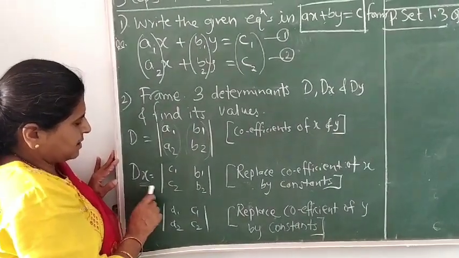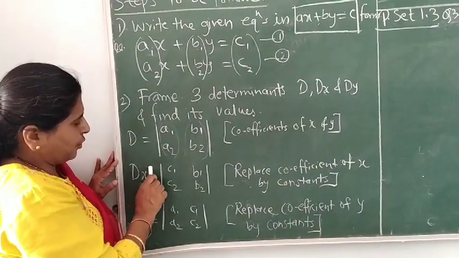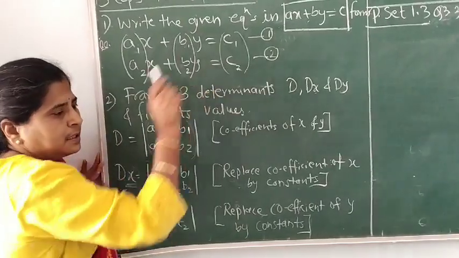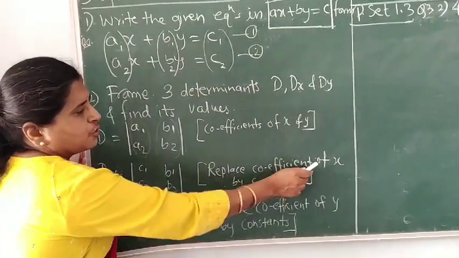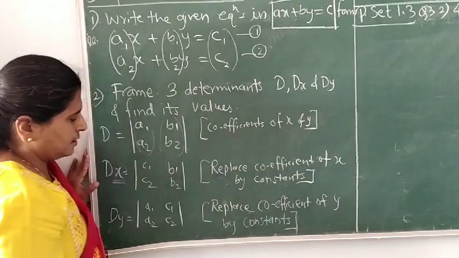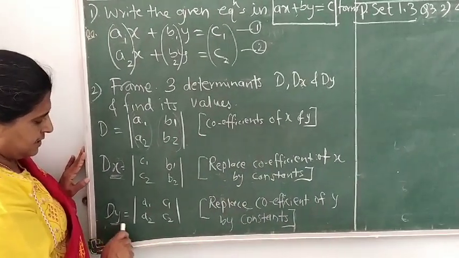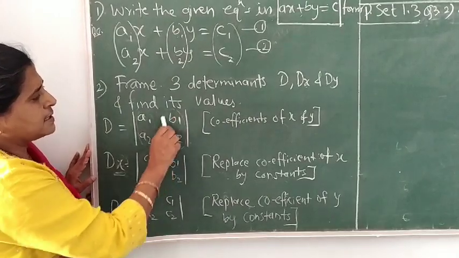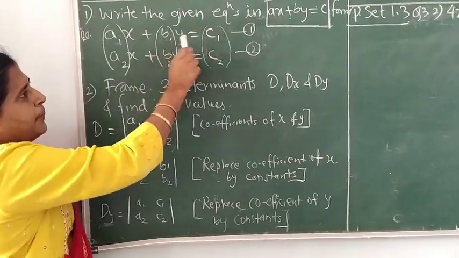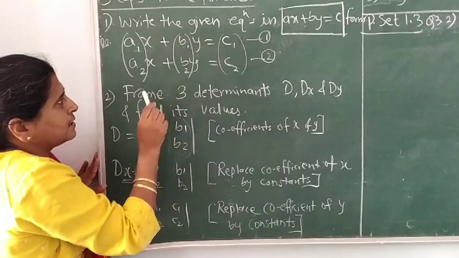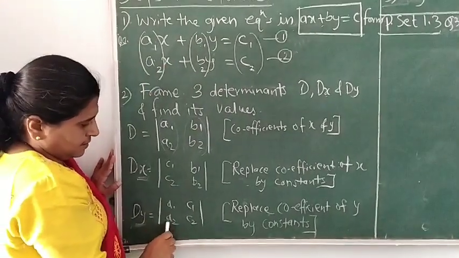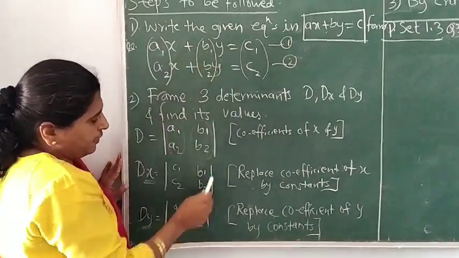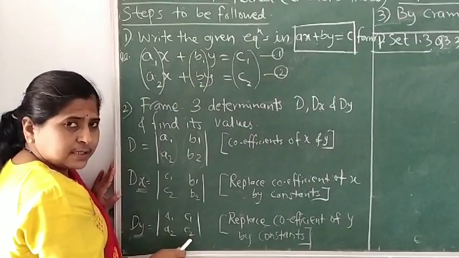When it is x, don't take the coefficient of x, take the constants. And in Dy, as it is Dy, we replace the coefficient of y, that is b1, b2, by the constants c1, c2. So a1, a2 stay as they are, and instead of the coefficients of y, it is c1 and c2.